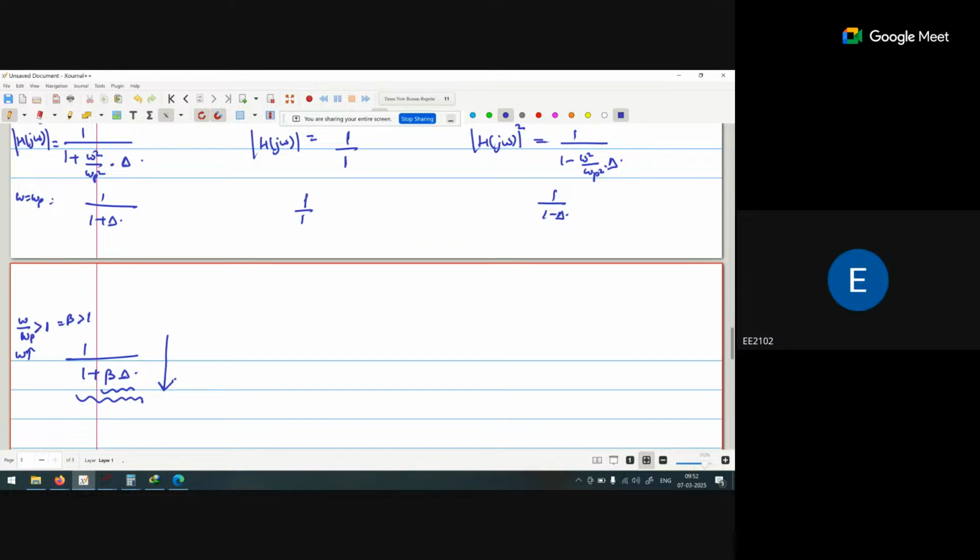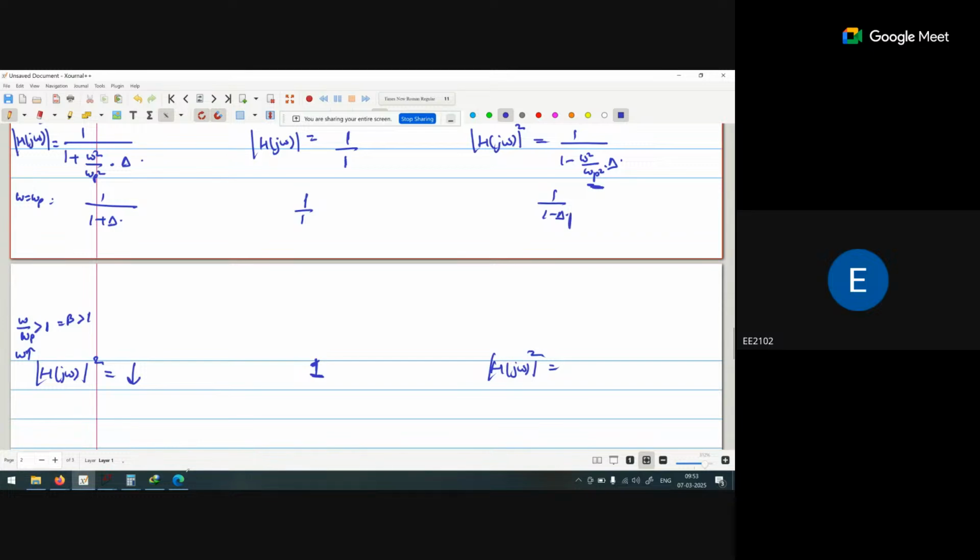For understanding purposes, when I increase the omega, so omega upon omega p is greater than 1, my |H(j omega)| square will start reducing. Here it will be constant as 1, no effect of greater than and less than. And in this case, |H(j omega)| square, if you increase this omega, this term will be increased.